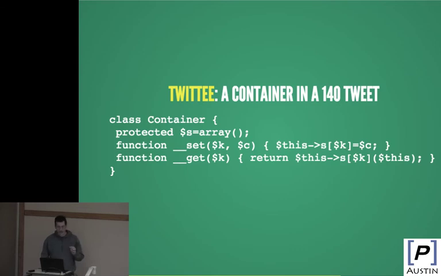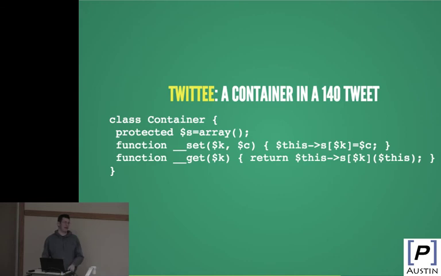The one key thing here is that when you are setting a dependency, you're setting it with a closure, a function that takes a parameter, namely the container itself, because the container will inject itself into that function. And then when that dependency is needed, the function is executed and the response stored back into the container.